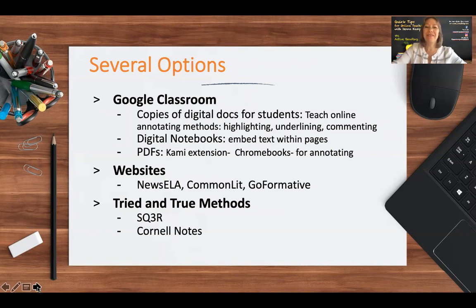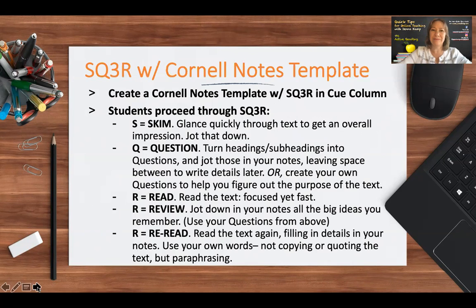But don't forget the tried and true methods. SQ3R and Cornell Notes, for example, can easily pivot to online distance learning. Let's take a look at those. I use SQ3R with Cornell Notes. Scholars can use the Cornell Notes template that I created for them digitally, or they can create one on their own at home in a notebook, and they can upload a picture of their notes to me for assignment completion.